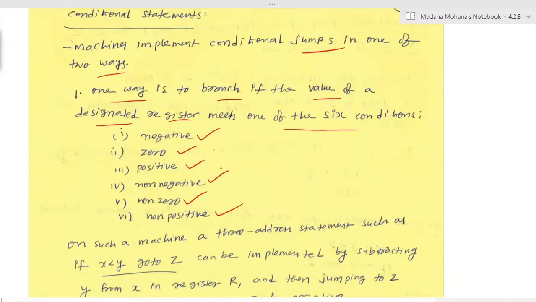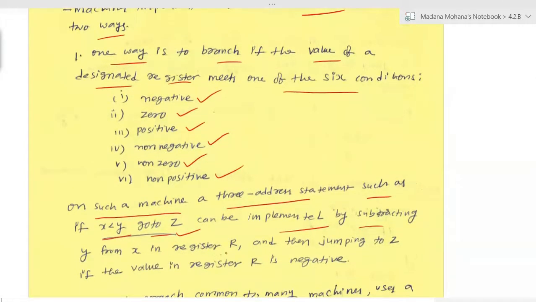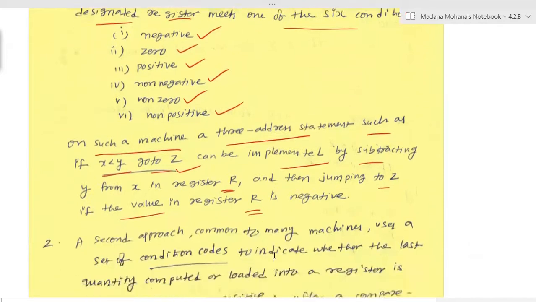On such a machine, a 3-address statement such as if X < Y go to Z can be implemented by subtracting Y from X in register R and then jumping to Z if the value in the register is negative.